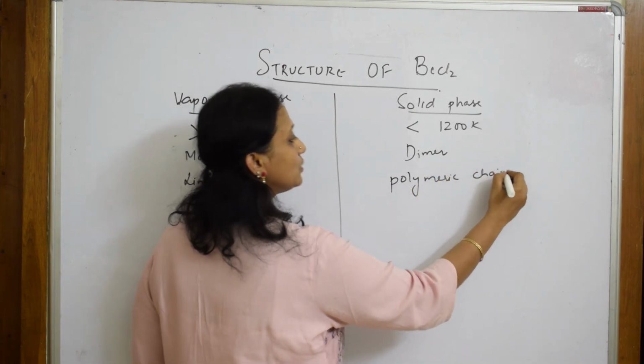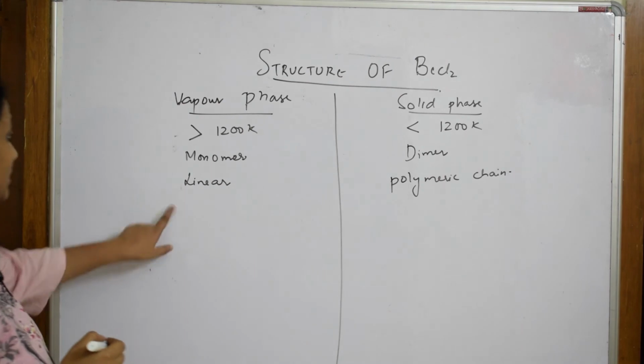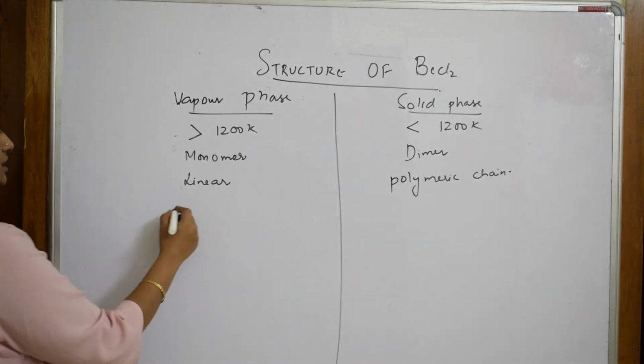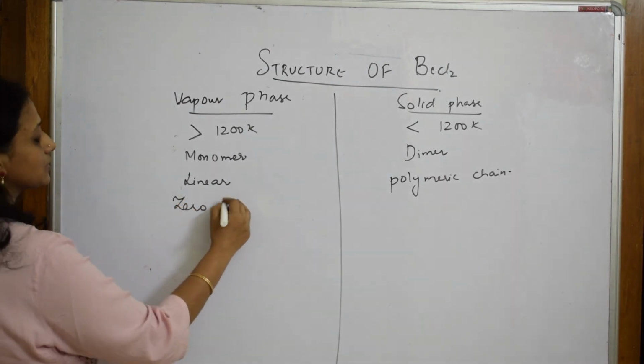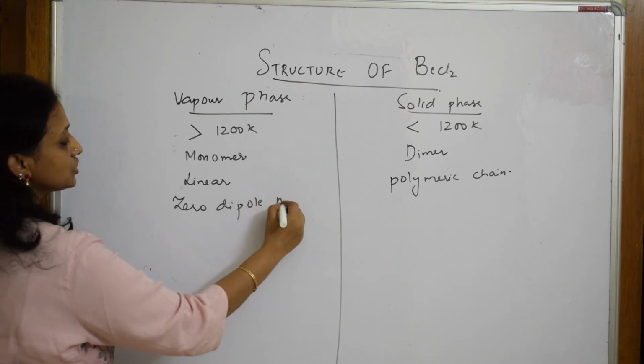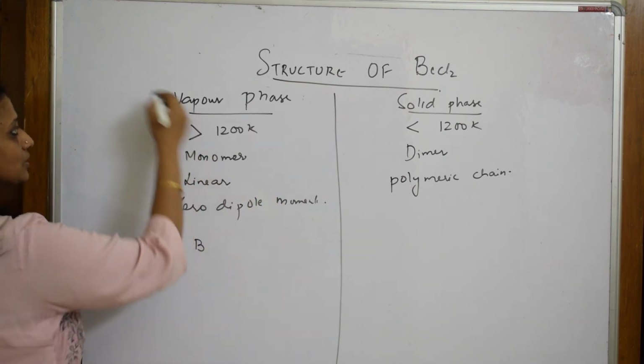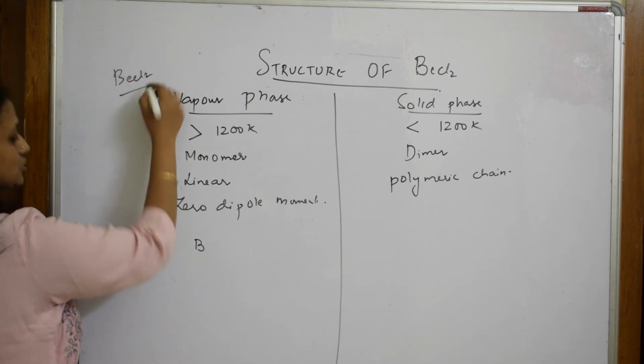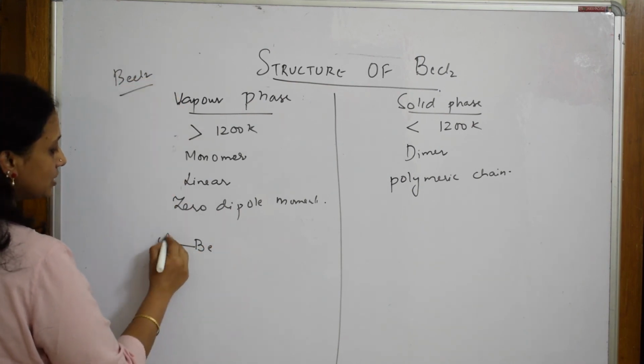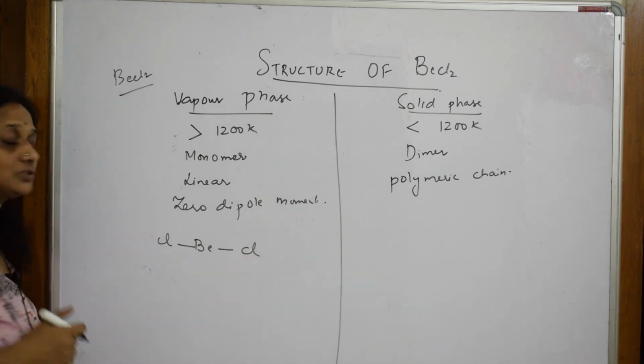I'll draw that chain, you will understand that. When I speak about monomer, the shape of the molecule is linear, with zero dipole moment. Now, let us see the structure. It's linear: BeCl2, beryllium in the center, one chlorine here, one chlorine here. This is the structure in vapor phase.